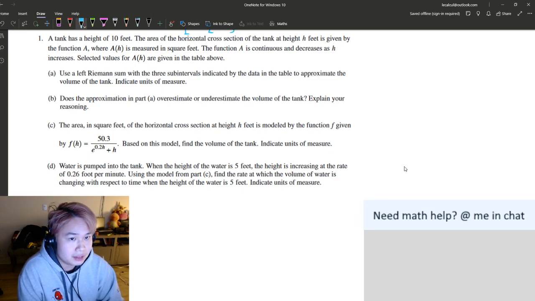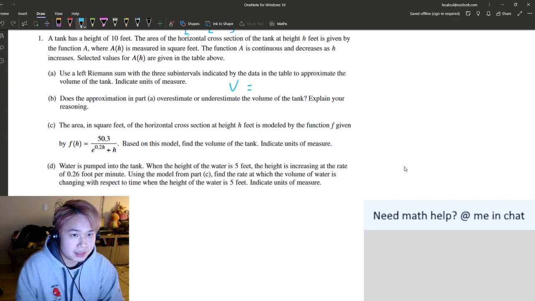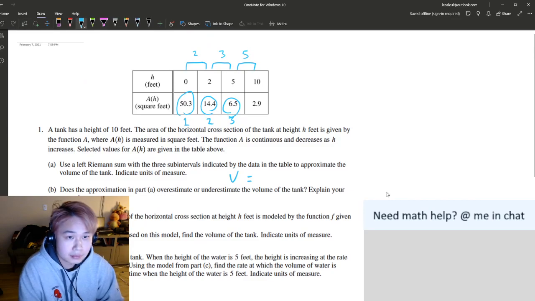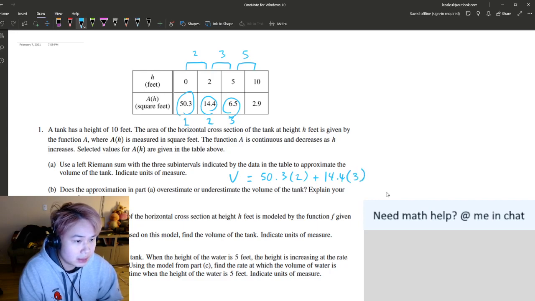So my volume is approximately 50.3, which is the leftmost point of the first interval, times 2, plus 14.4 times 3, plus 6.3 times 5.